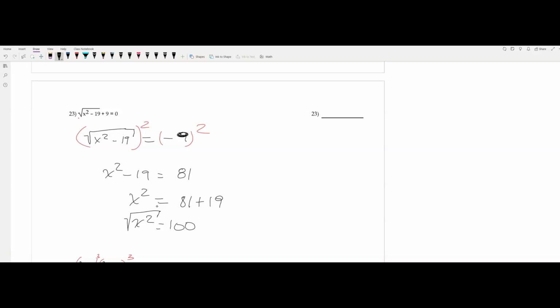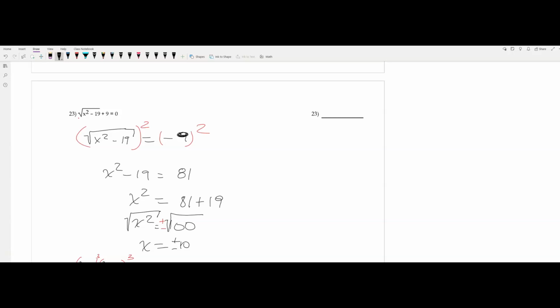If you take the square root of x squared, right, it becomes plus and minus 10. It has to represent both the positive and the negative, because here they're not telling you that the variable is positive. So you have two answers for x. So it's going to be x equal to plus minus 10. So x could be equal to 10 or minus 10.